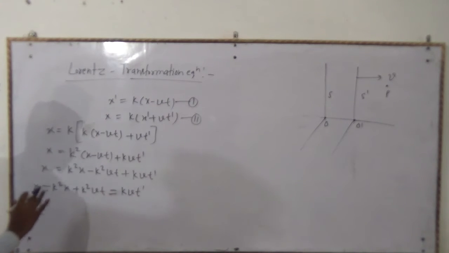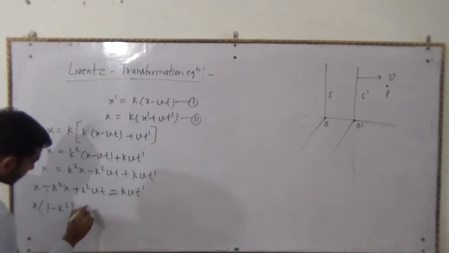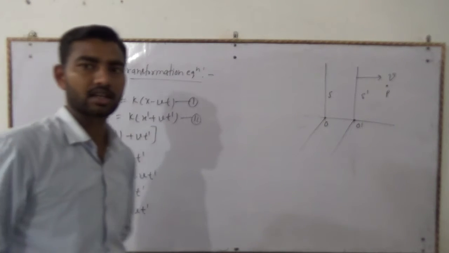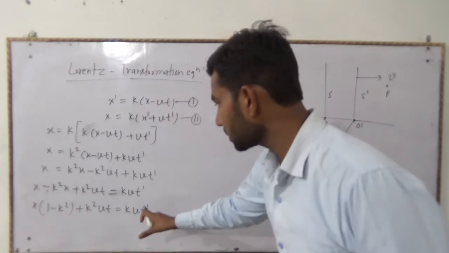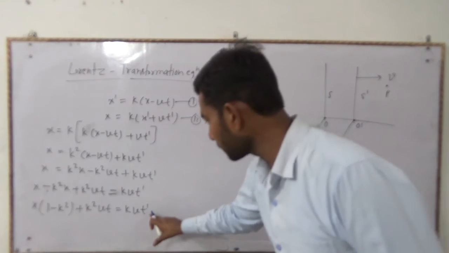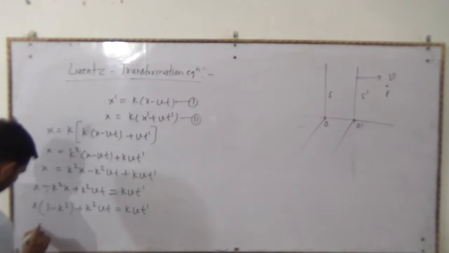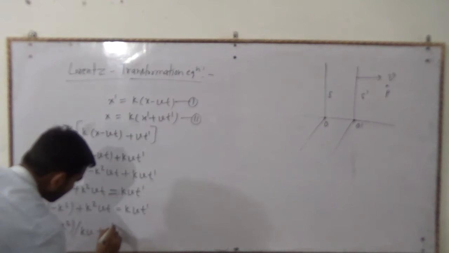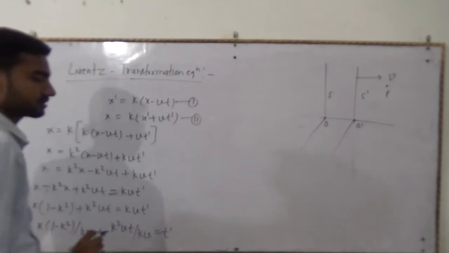And if we take x as common, then we get (1 minus k square) x plus k square vt is equal to k vt dash. So from here we can very easily get the value of t dash. How can we find the value of t dash? We get (1 minus k square) x by kv plus k square vt by kv is equal to t dash.